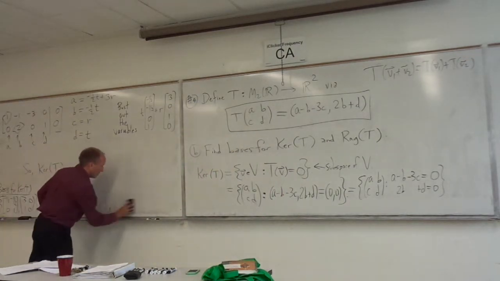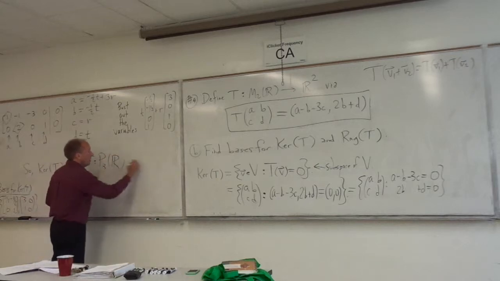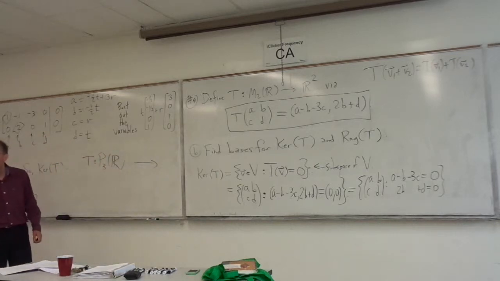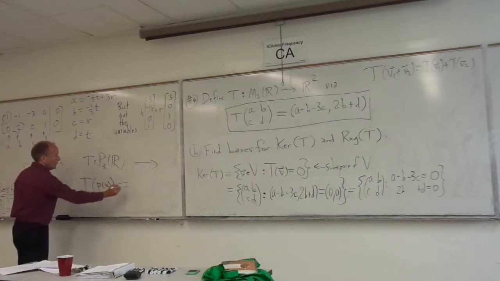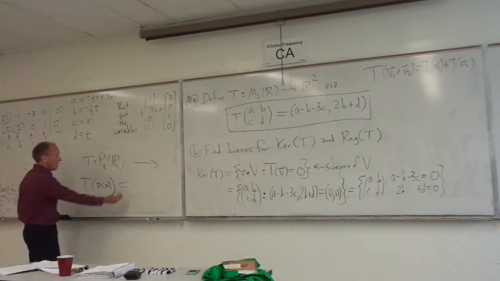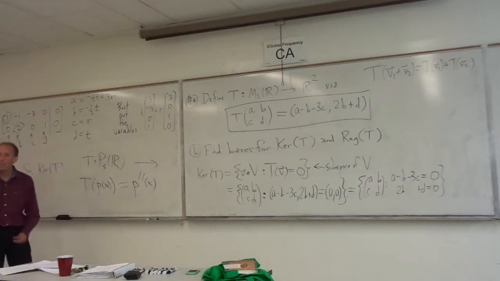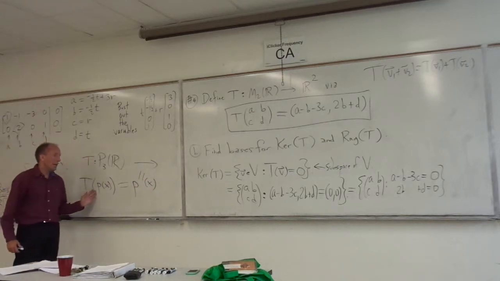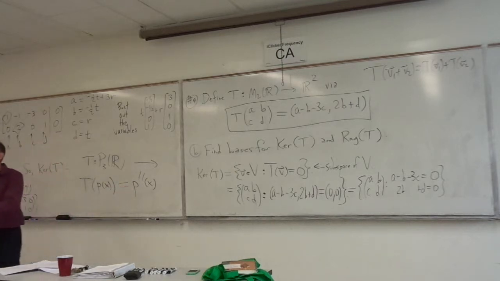I don't think I'm going to do it now unless you guys absolutely want it. We've done other examples where we might have taken polynomials. If we took a p of x, the transformation was something like take two derivatives of it. This sort of transformation also respects addition and scalar multiplication, as you know.